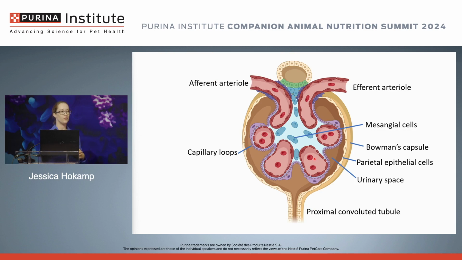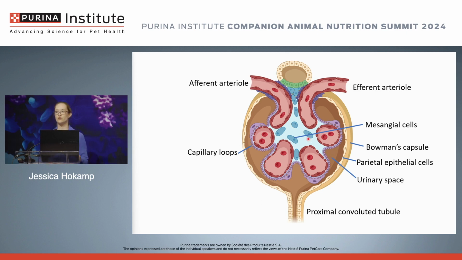We already heard a bit about the anatomy of the glomerulus with the afferent and the efferent arterioles that are feeding and draining the glomerulus, the capillary loops, which I'll zoom in on in a moment. We have the Bowman's capsule surrounding the glomerulus that is lined by parietal epithelial cells that encapsulate the urinary space.